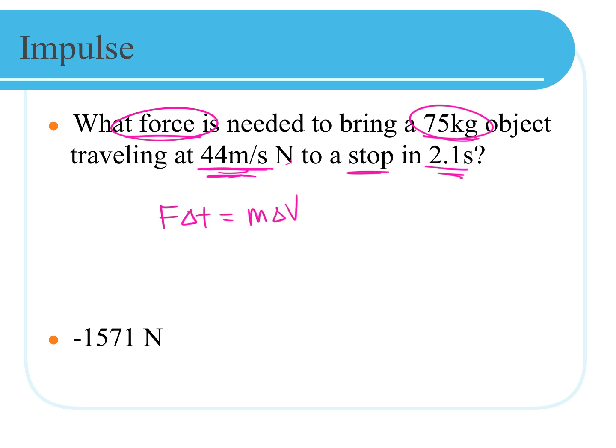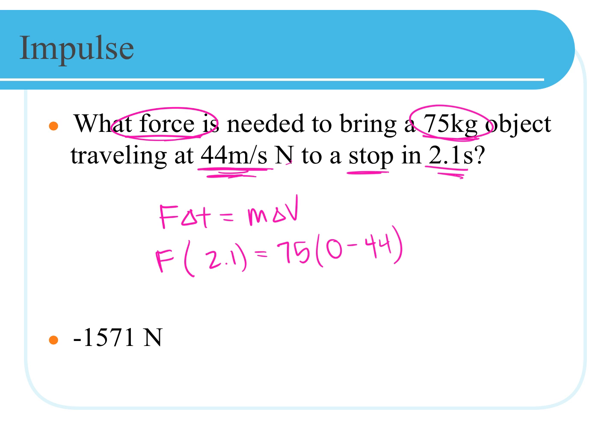You could also do it in two steps if you wanted to: solve for momentum and then solve for force. But if you're able to do it in one step, that's my preference. Force times 2.1 equals mass times change in velocity.